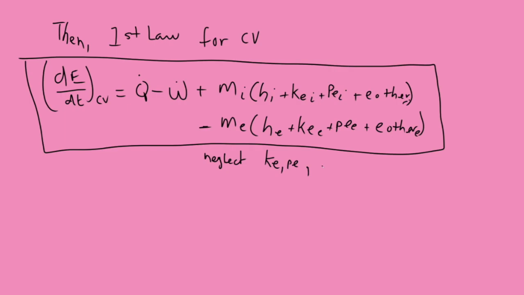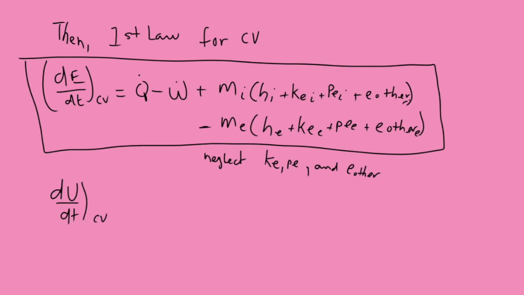We don't always do it, but 80% of the times we do. And we also neglect, again, E other. Then, if we're not including kinetic and potential, we change the capital E to capital U, which is more of a temperature-based, a work and heat transfer-based energy system.